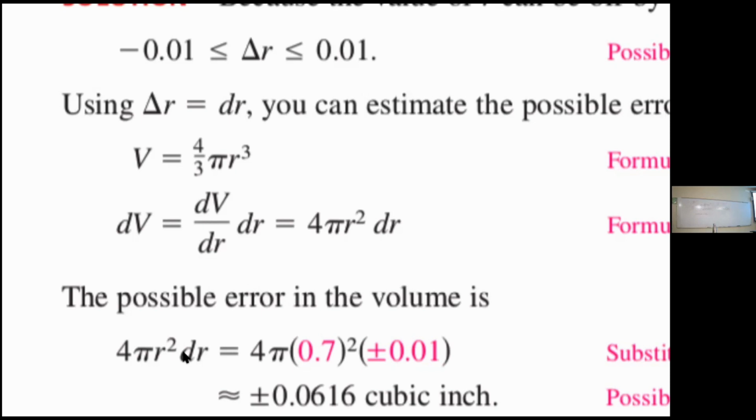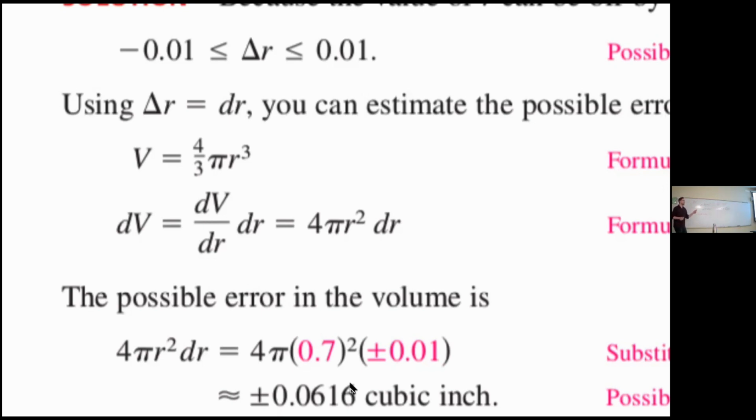Okay. What does that tell us, though? Like, what does this actually say? What this is actually saying, and this is the reason why I wanted to show this problem in this way and walk through it like this, is that we've already seen how to calculate dr and dV a couple of times now.